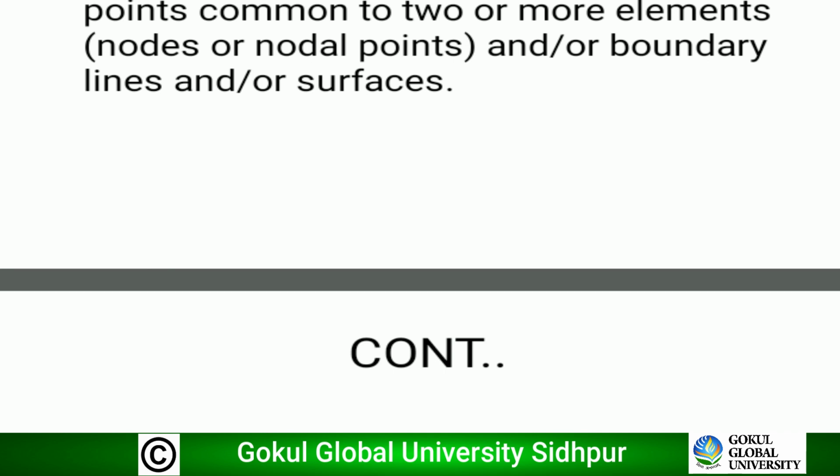Element 1 is connected with nodes 1 and 2, element 2 is connected with 2 and 3, and element 3 is connected with 3 and 4. Then the displacements, that is Q1, Q2, Q3 and Q4, are also known as the nodal displacements. Then the forces, that is F1, F2, F3 and F4, four number of forces are in the picture.